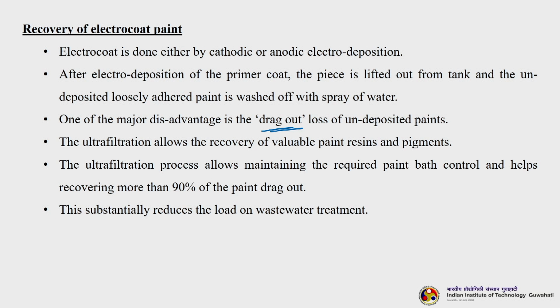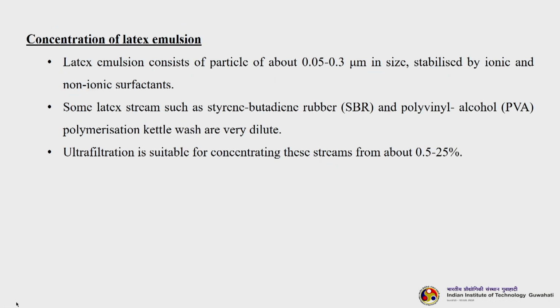So, ultrafiltration allows the recovery of valuable paint resins and pigments. UF allows maintaining the required paint bath control and helps recover more than 90% of the paint drag out. This substantially reduces the load on the wastewater treatment, because you have almost removed the paints. Latex emulsions also can be concentrated using the ultrafiltration system.